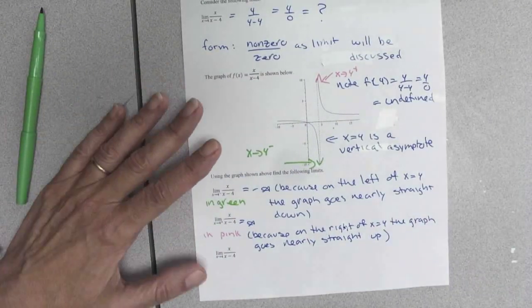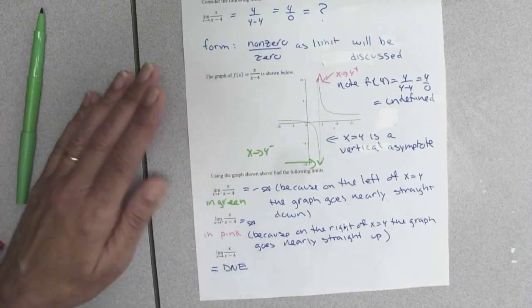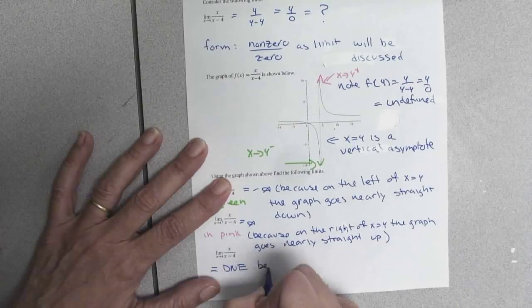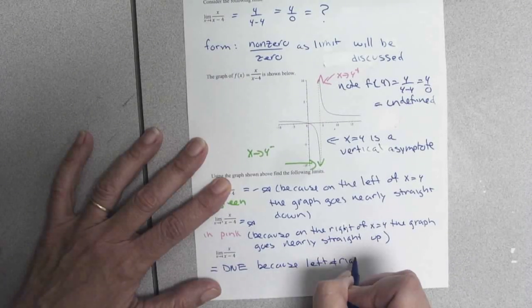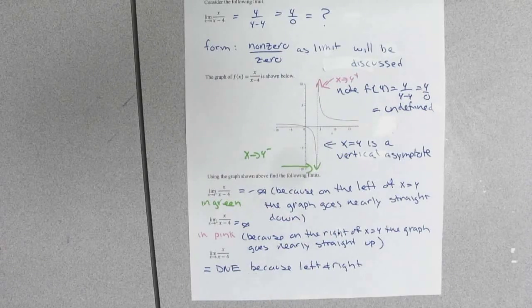And then finally, for the two-sided limit, all we can say is that the limit does not exist, because left did not equal right. And so the point here is that this shows you what your possibilities are when you encounter non-zero over zero as a limit: you're either going to get negative infinity, positive infinity, or does not exist.